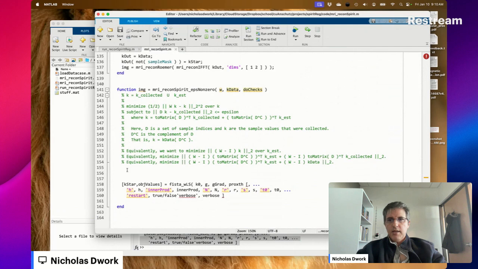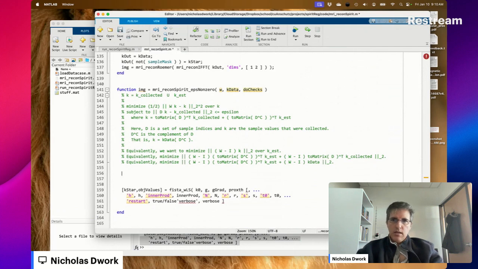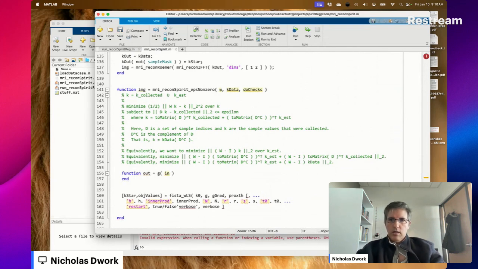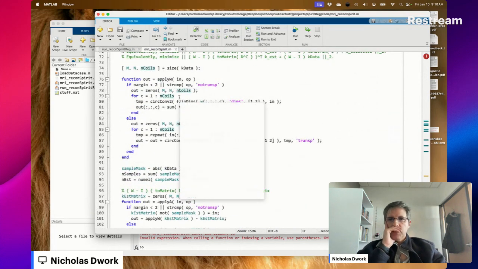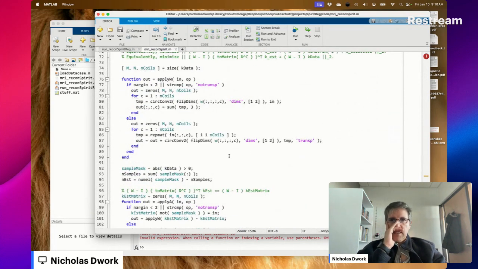So that's G. Does apply W also do any masking or anything?